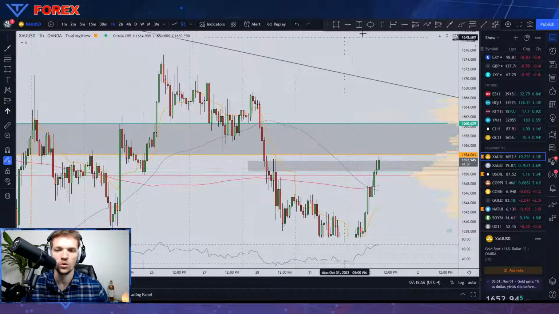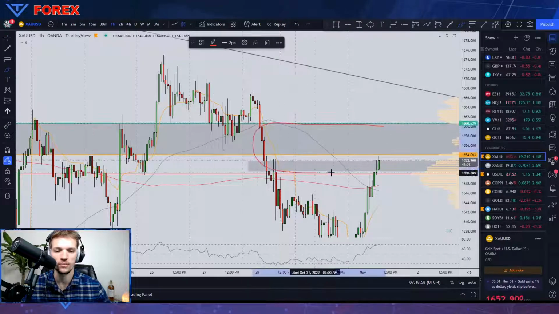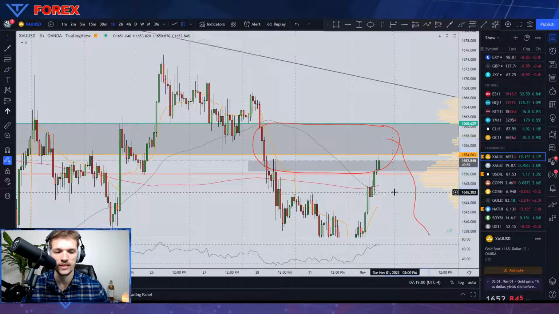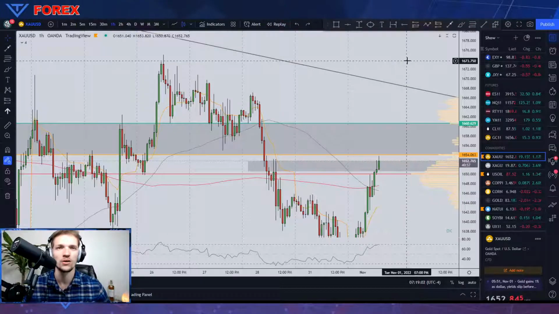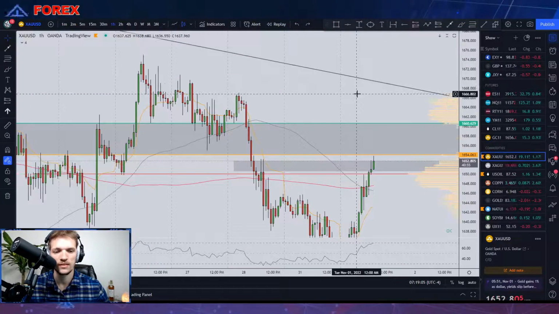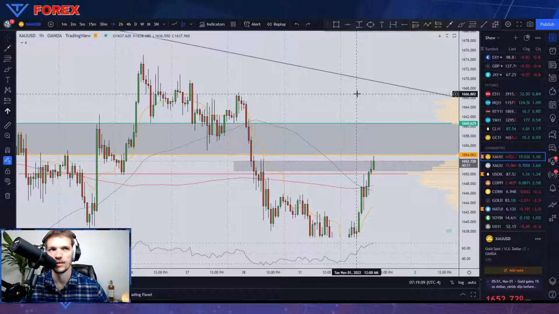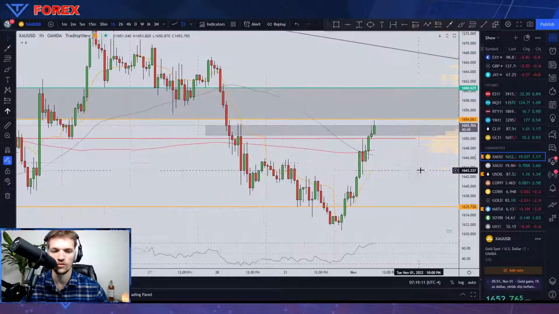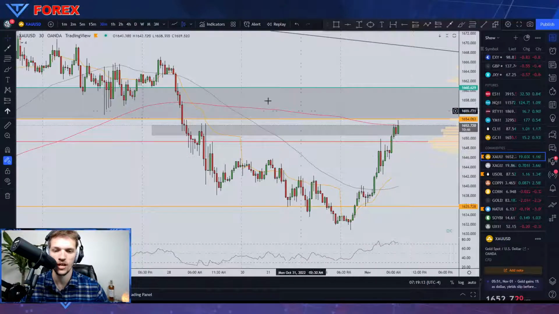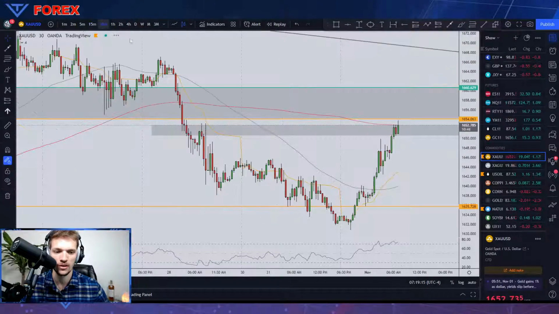Or is this whole area in here going to be just one big rejection zone and we get a nice deep pull off? If that's the case, well, you'd expect maybe we get that dollar bounce and we get the equities rolling over. So we'll see, but big area of rejection in here and contention that we want to keep an eye on.